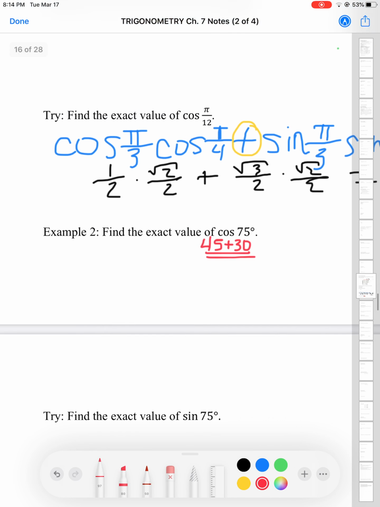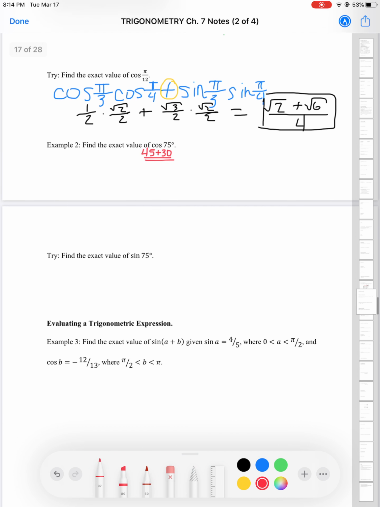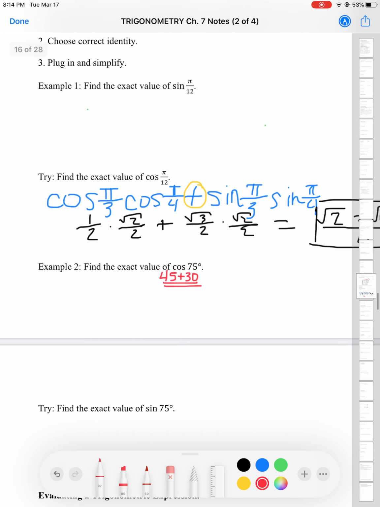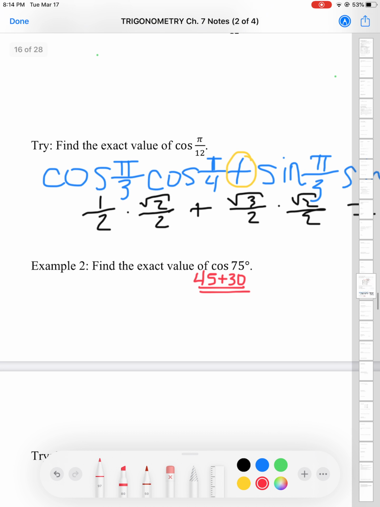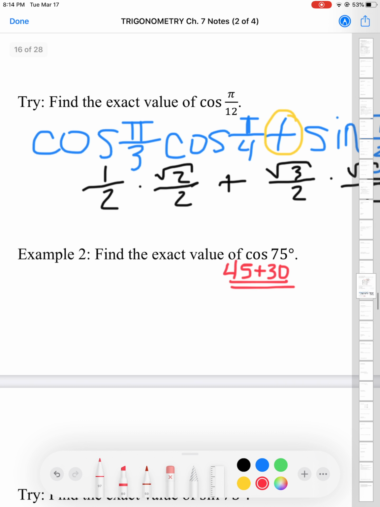So let's go back up to our identities here. Which one are we going to use? We're going to use number 3, right? So we're going to use cosine A times cosine B minus sine A sine B. Remember the commutative property of multiplication?